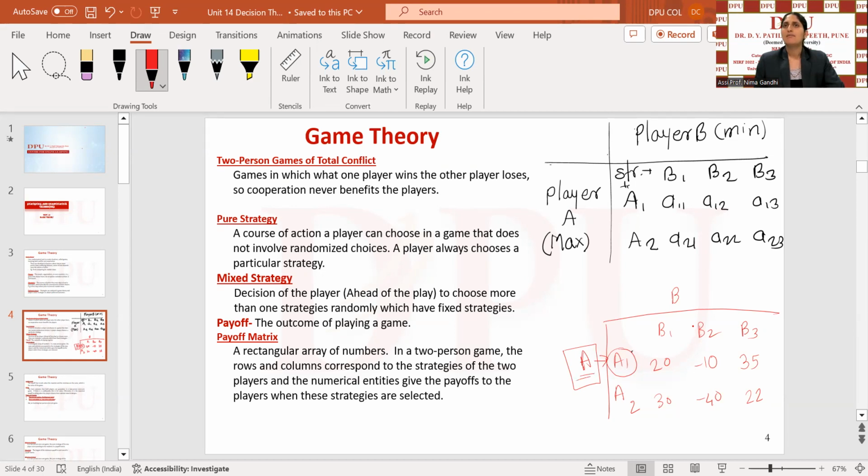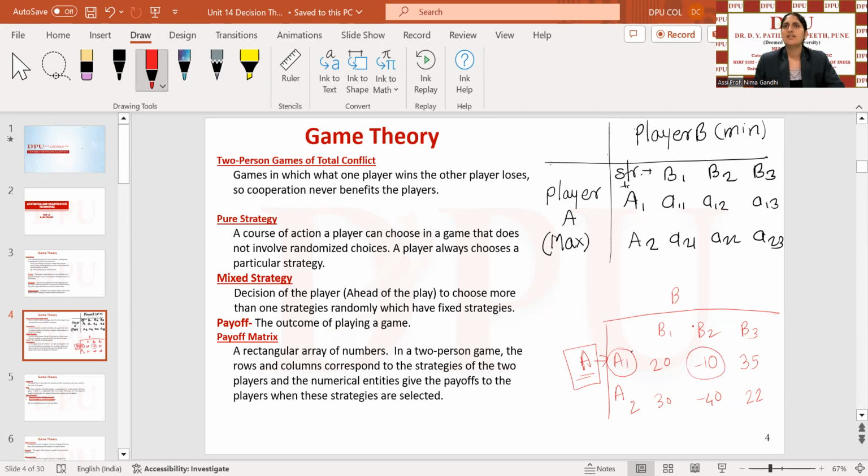So when A comes up with strategy A1 and B comes up with strategy B1, A makes a profit of 20 and B makes a loss of 20. How do you interpret the number minus 10?